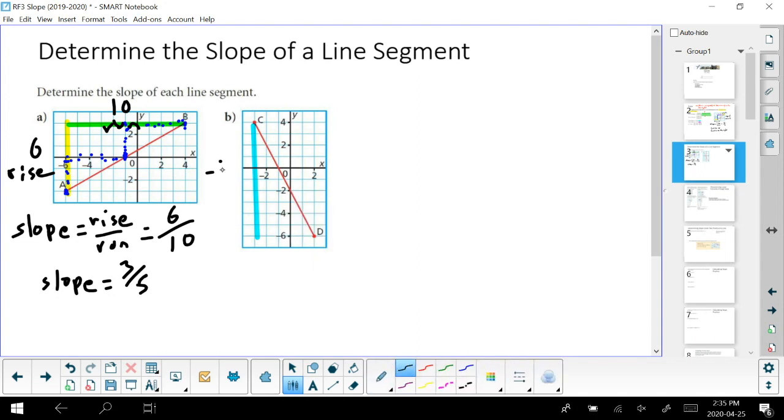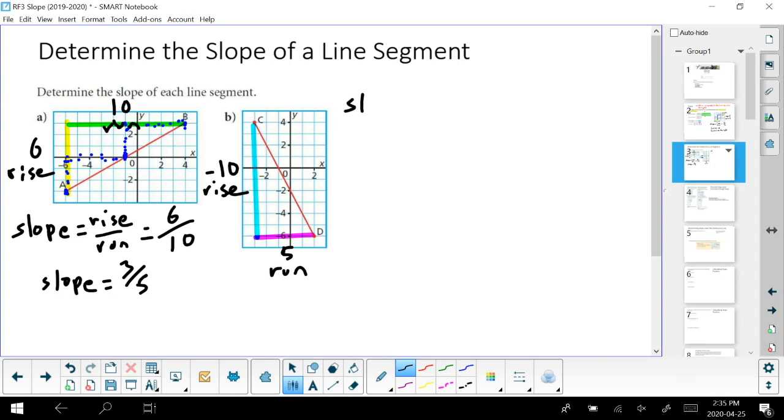It's a -10 because we're moving in the negative y direction. Okay, so this is a rise of -10, and we'll take a look at the run. So in this case, we're moving 5 units to the right. So our run is 5.